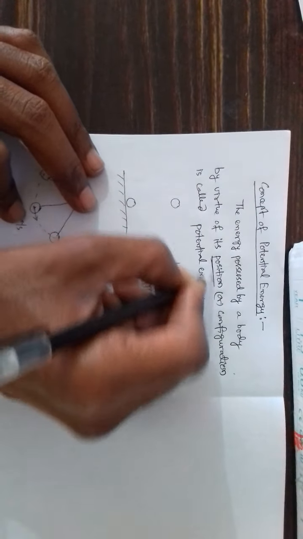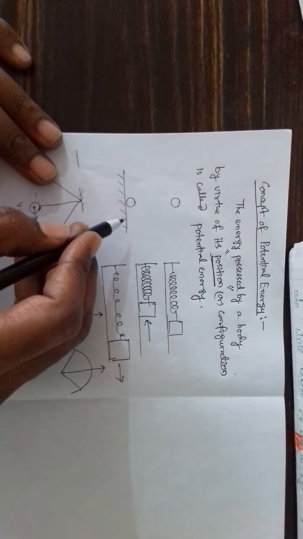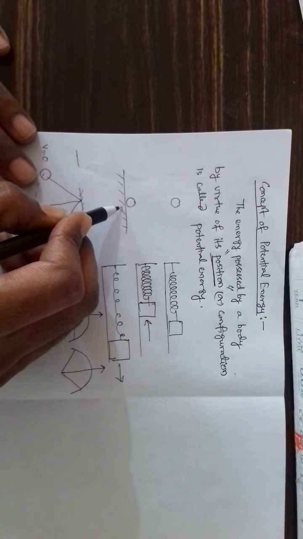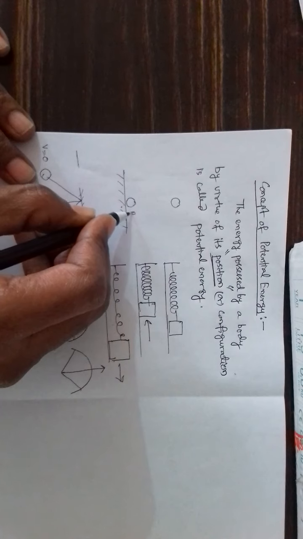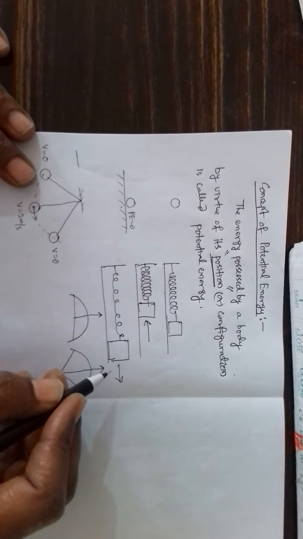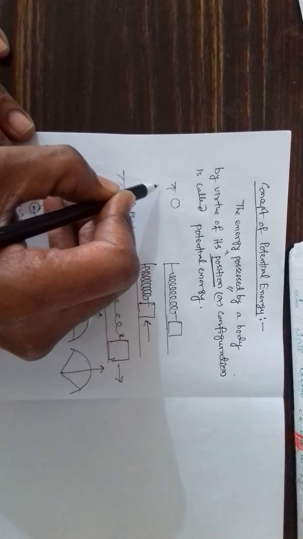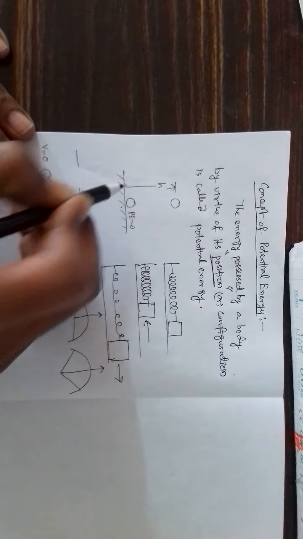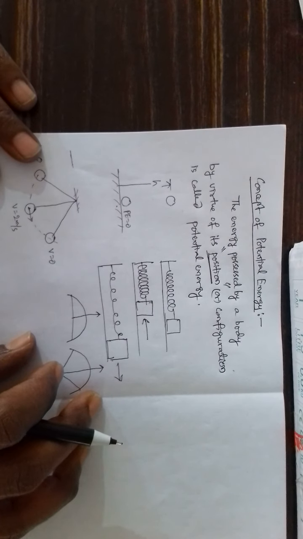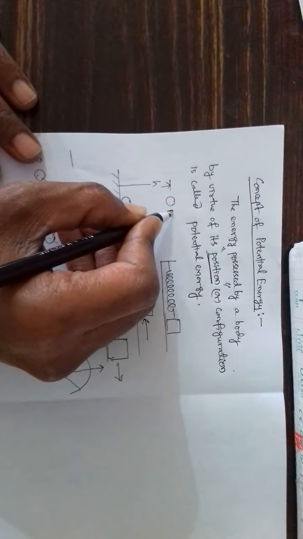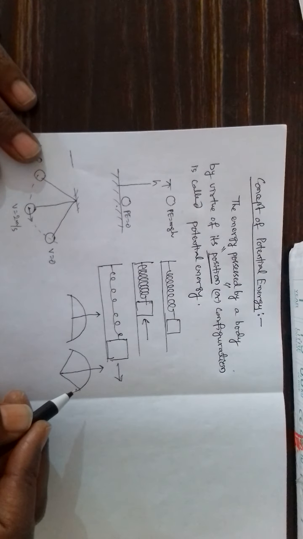We consider the potential energy of a body in two separate cases. First, position. Suppose a body is lying on the floor. Here we say its potential energy is 0. If you hold the same object at some height, then we say it has some potential energy, and its potential energy is equal to mgh.